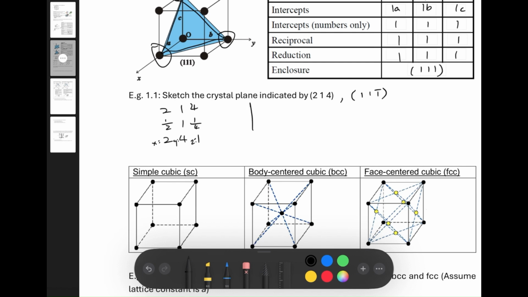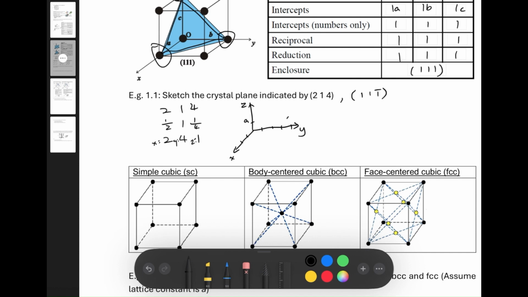So let's draw it. So z, y, and x. So 1, 2, 3, 4, 1, 2. Oops. Maybe I can extend this line a little bit. Okay, 1, 2, and 1.